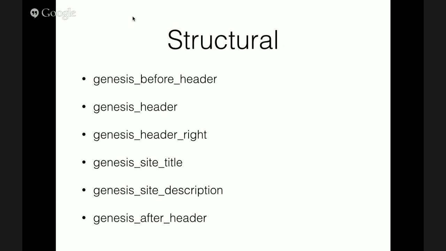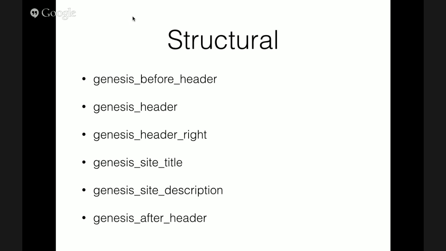Then there's a bunch of structural hooks. What I have listed on this slide right here is only the hooks in the header of the page, so the very top of the page. You have a before header, you have the actual header, which a couple of other core functions within Genesis hook to, and Genesis header right, which the header right widgets are hooked into.